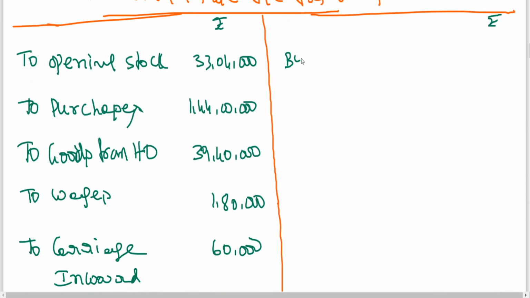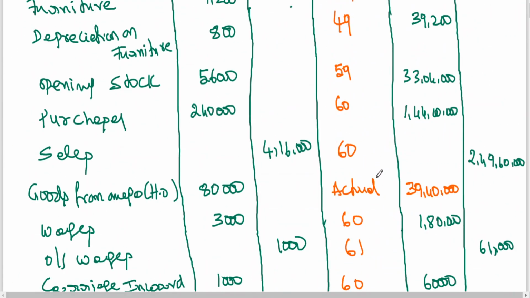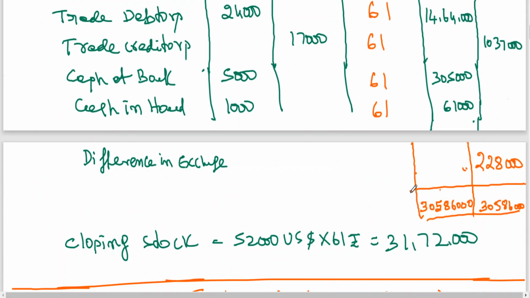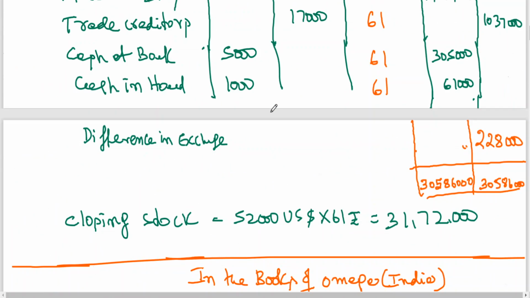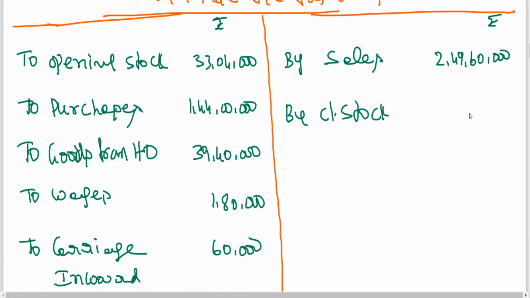Now by sales, closing stock also we have calculated. Sales we have written here, 2 crores 49 lakh 60,000. Then closing stock also I have given here, 31 lakh 72,000.